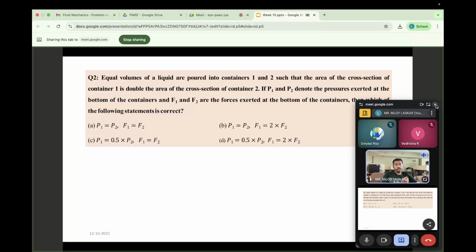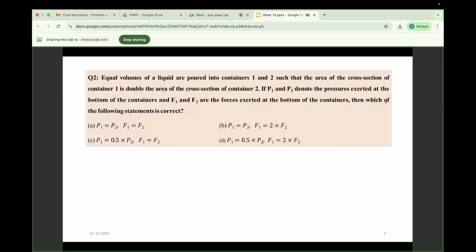This is one of the important questions from the second module, which is the concept of hydrostatic force. Let me give you a little brief about this module. What have you studied in this module?